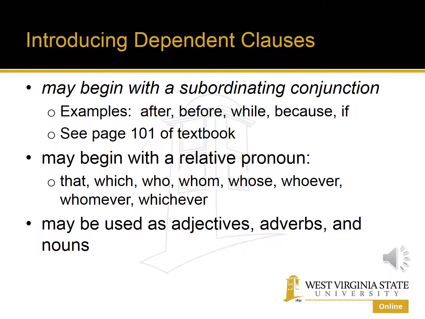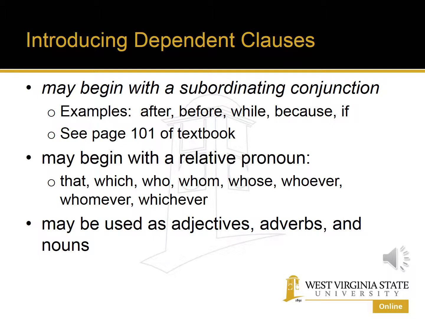Another way to start a subordinate clause is with what are known as relative pronouns. That, which, who, whom, whose, whoever, whomever, whichever. Whereas the subordinating conjunctions introduce a dependent clause that creates a condition or contrast with the independent clause, relative pronouns introduce a dependent clause that basically acts as an adjective to describe the noun in the sentence.